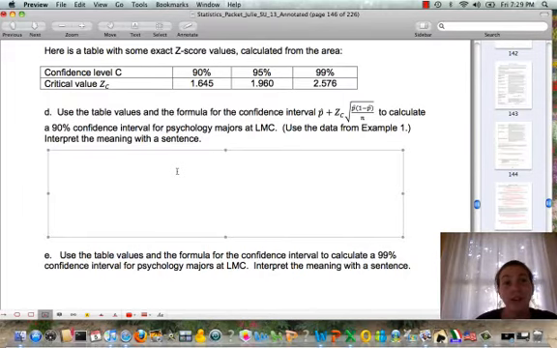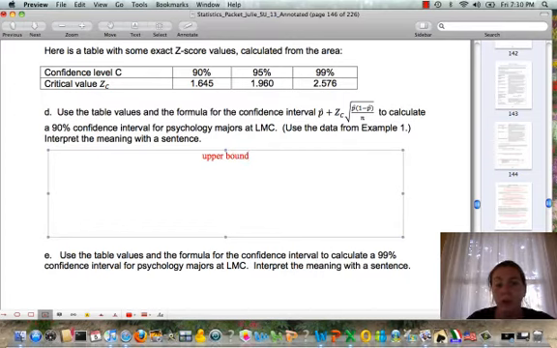Question D says use the table values and the formula for the confidence interval to calculate now the 90% confidence interval for psychology majors at LMC. So we'll use the data from example 1, except instead of the z-scores we were using before, because this is 90%, we can use 1.645 for our z-score.